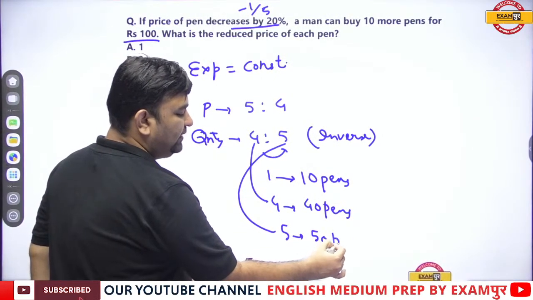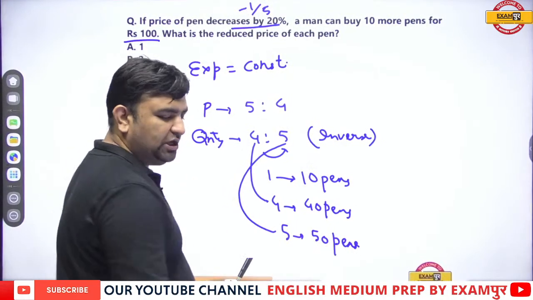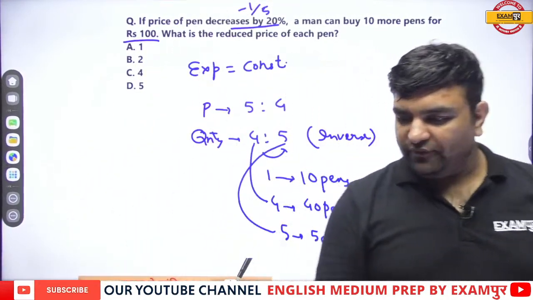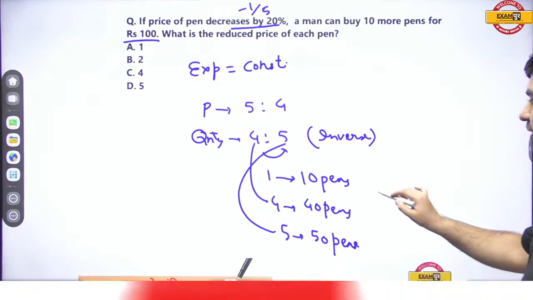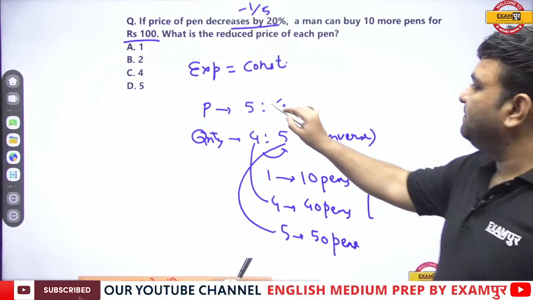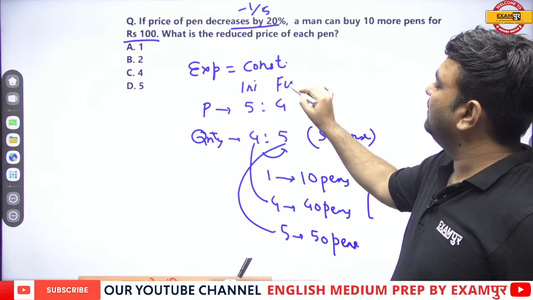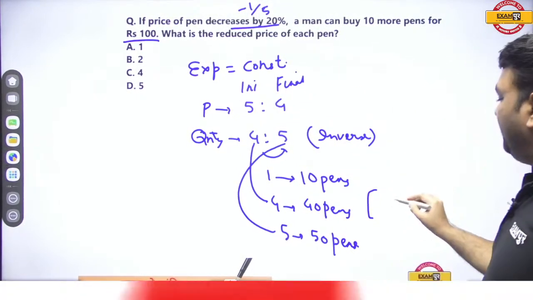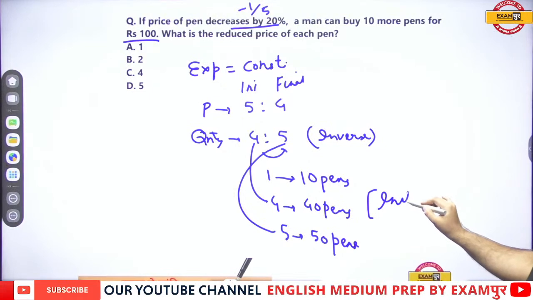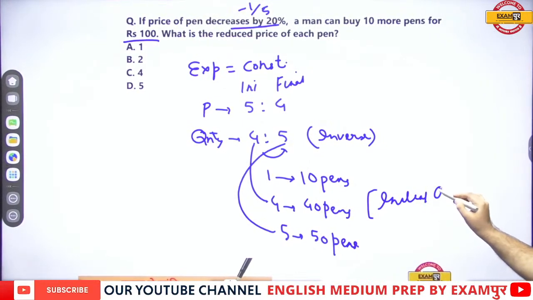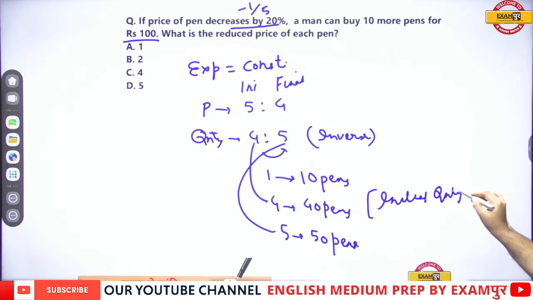Please do define what they are denoting. 40 pens is your initial quantity and 50 pens is your final quantity.